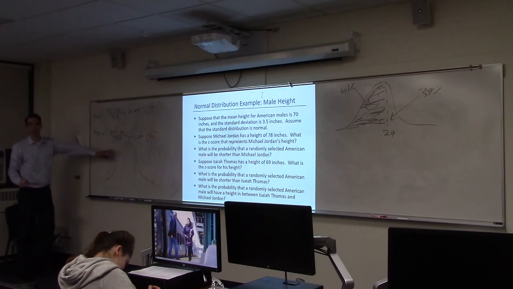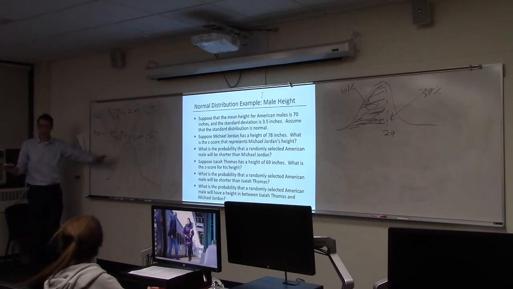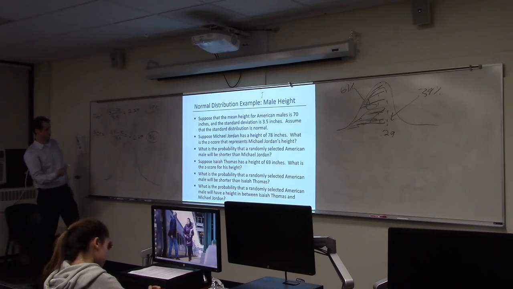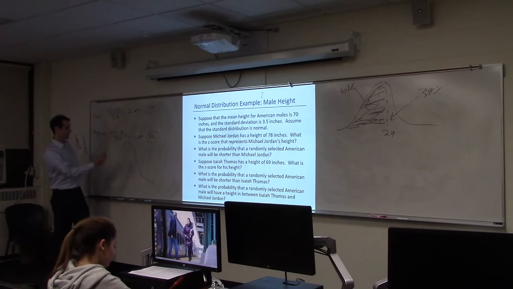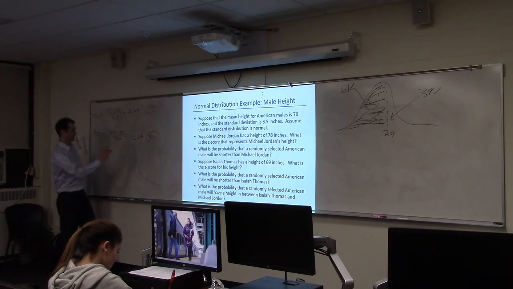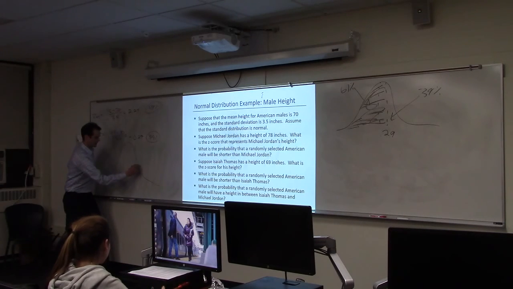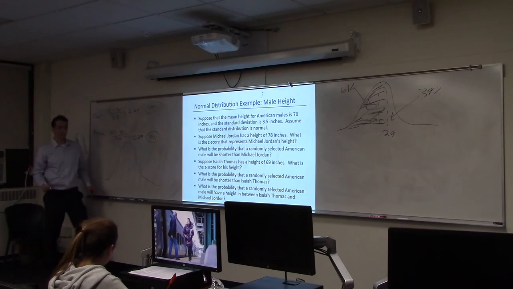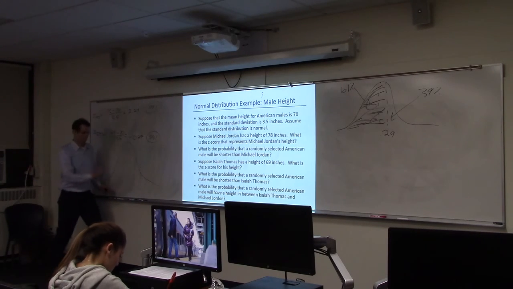All right, so let's make this clean here. This is a frequency distribution for male height. It's normally distributed. We'll call this Michael Jordan. What's the probability of a male being taller than Michael Jordan? 1%.